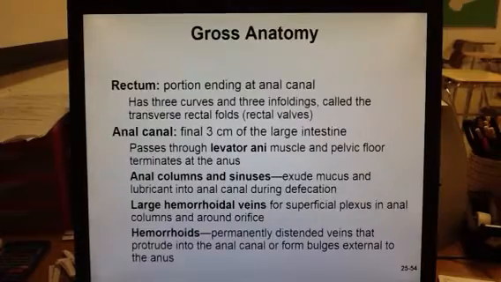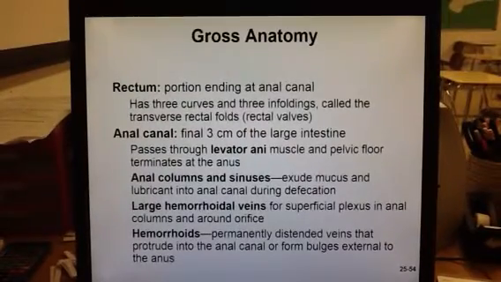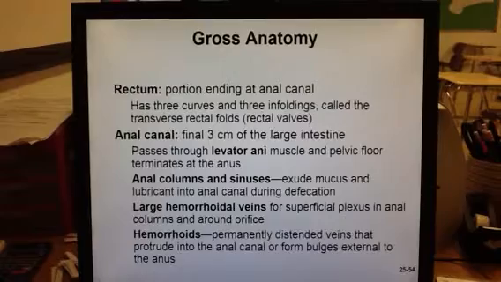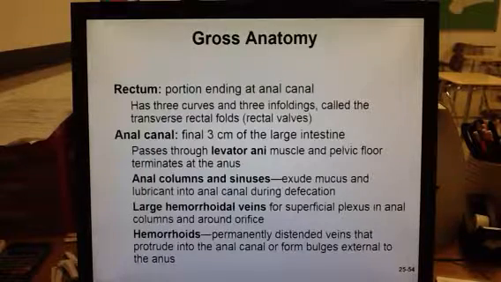The rectum is the portion ending at the anal canal. There are 3 curves and infoldings, and we'll see those called rectal valves. We'll see that when we see a close-up picture of that area. And then the anal canal is technically just the last 3 centimeters of the large intestine. It passes through muscles of the pelvic floor and terminates at the anus.